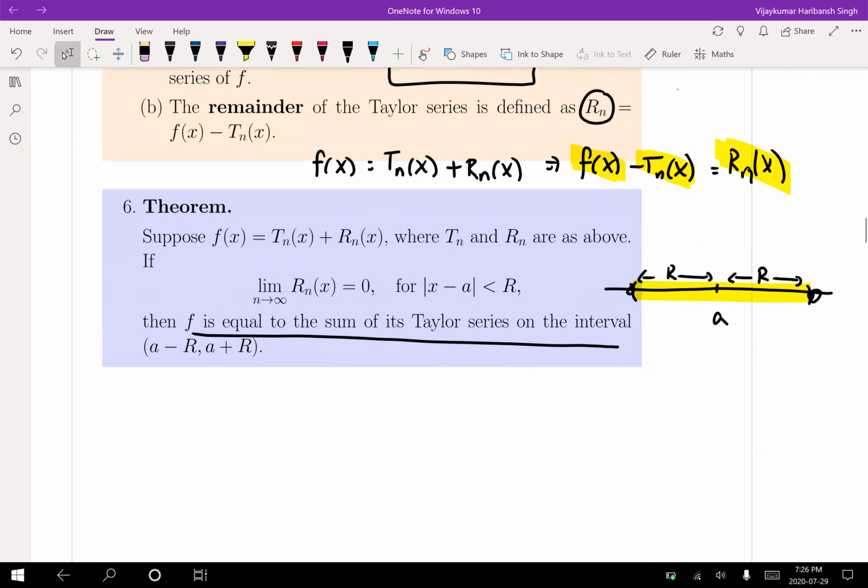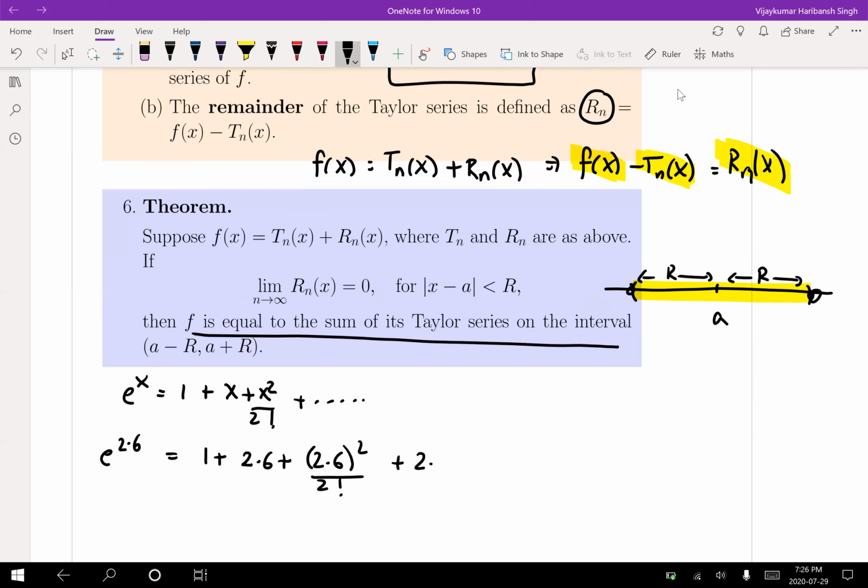So for example, we have e to the x equals 1 plus x plus x squared by 2 factorial and so on, right? So e to the power 2.6, because this converges for all real numbers, is going to be 1 plus 2.6 plus 2.6 squared by 2 factorial plus 2.6 cubed by 3 factorial, and so on.